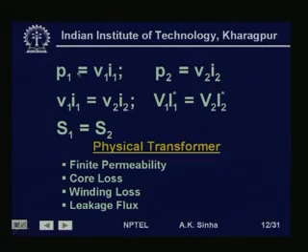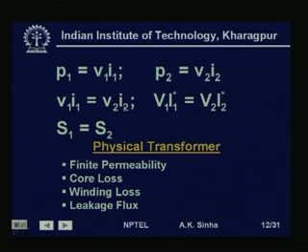Now, the instantaneous power P1 on the primary side will be equal to V1 I1, and the instantaneous power P2 on the secondary side will be equal to V2 into I2. Since these two powers must be equal, as there are no losses, V1 I1 must be equal to V2 I2.